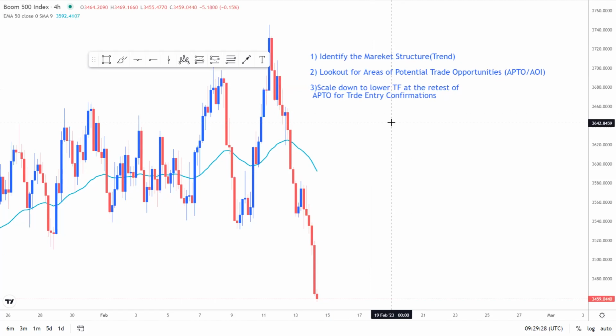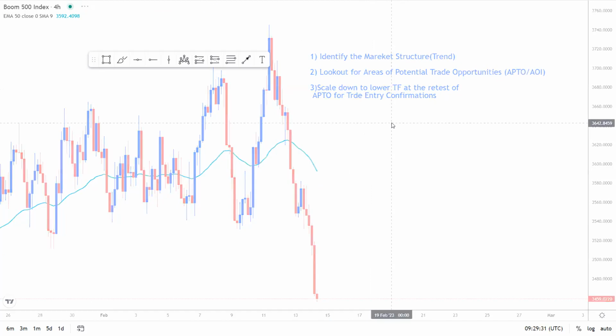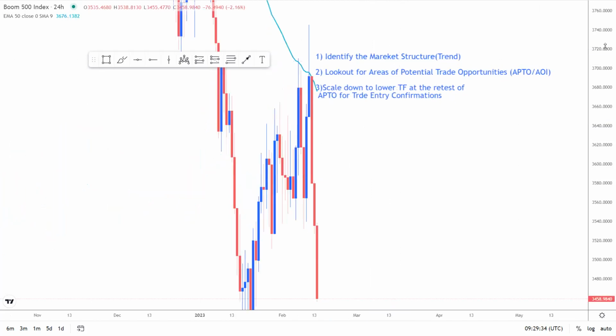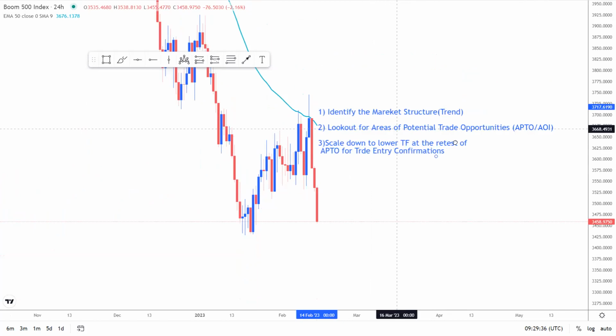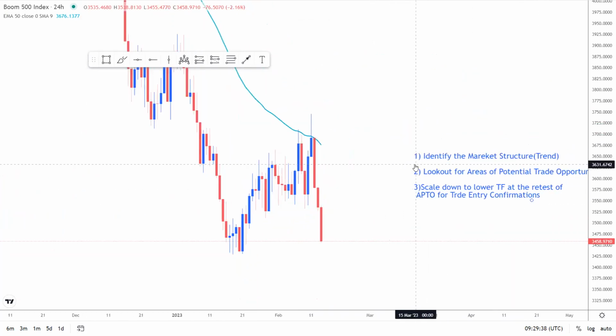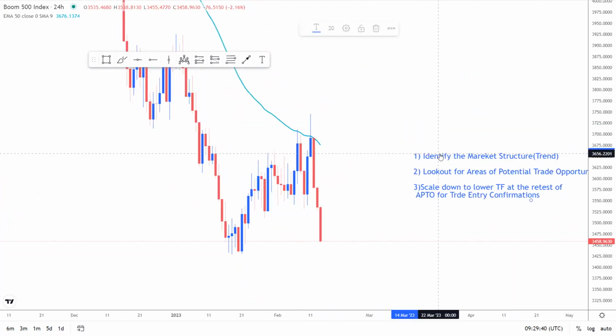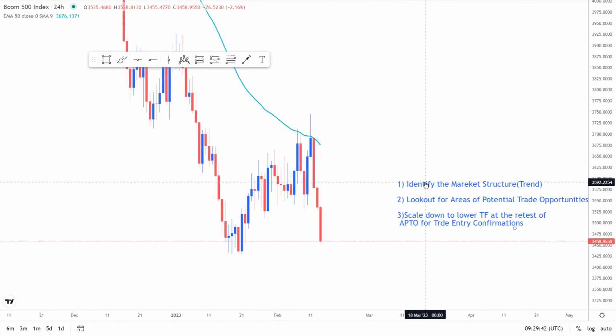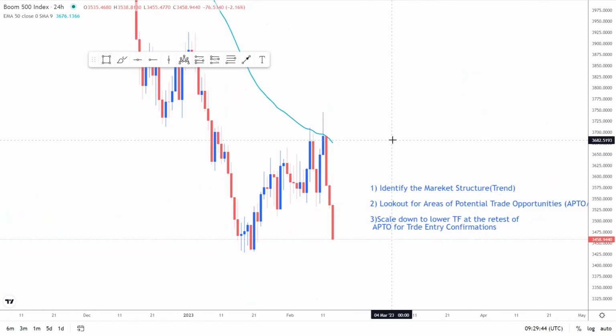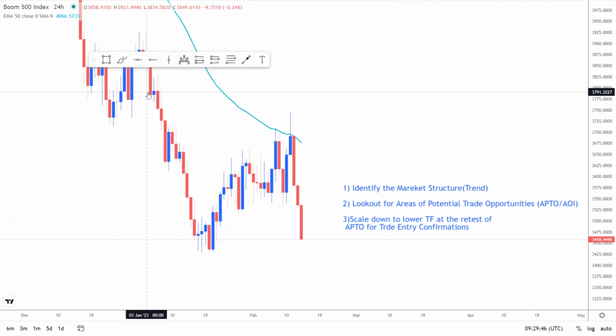Looking at Boom 500 index from the daily time frame perspective, we're clearly bearish. As at the time of my analysis, we're coming to a daily level.